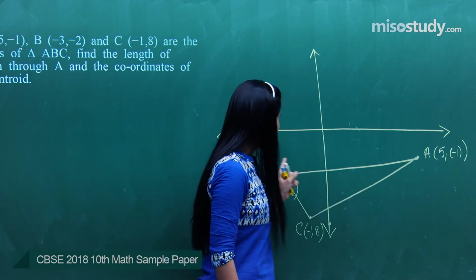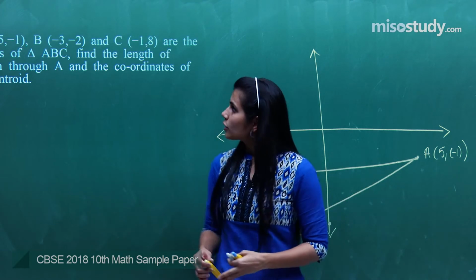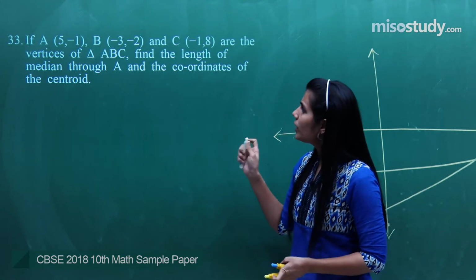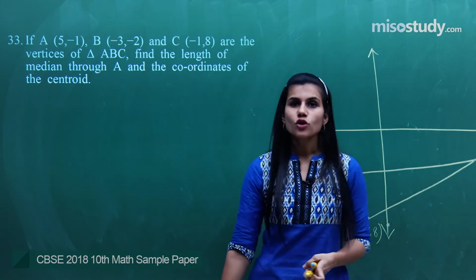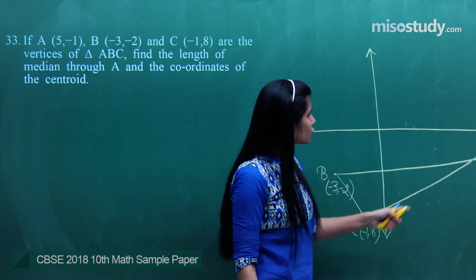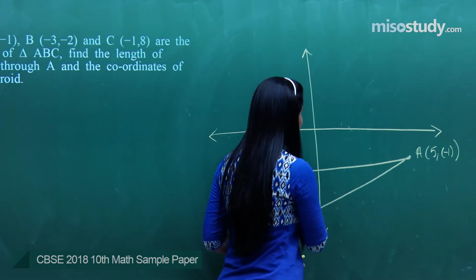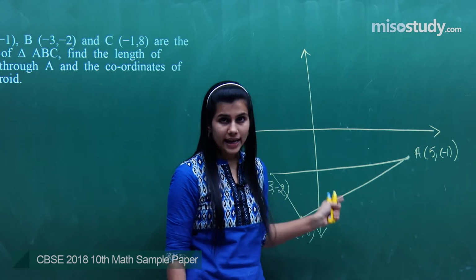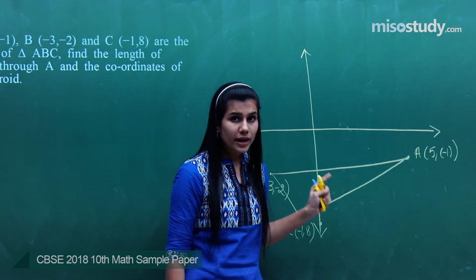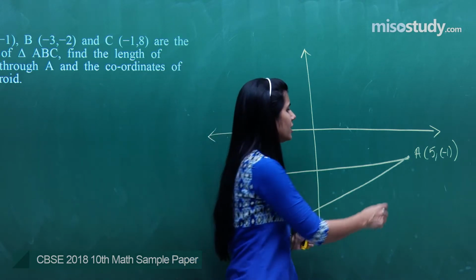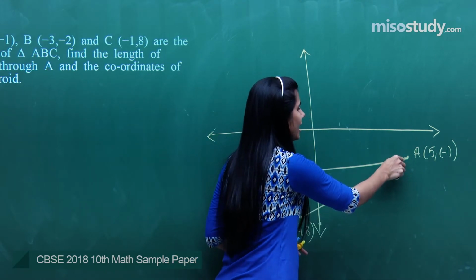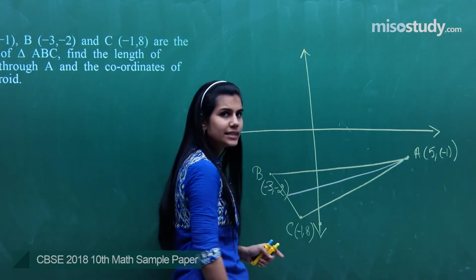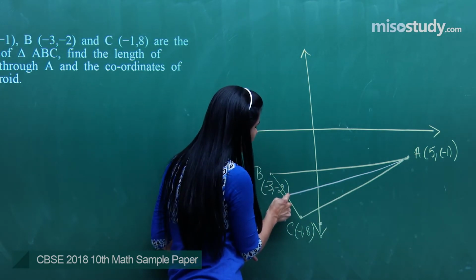If this is your triangle ABC approximately, the question is to find the length of the median through A and the coordinates of the centroid. So in this particular triangle, I am interested in finding the length of the median through A. What is the median through A? From this vertex A, a line which is drawn intersecting the opposite side at the midpoint.